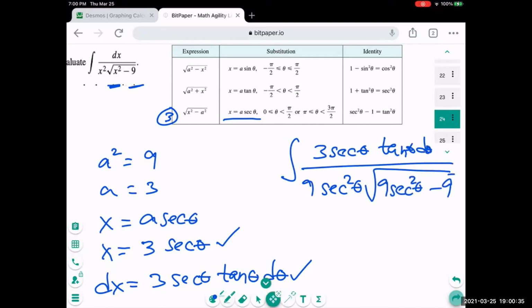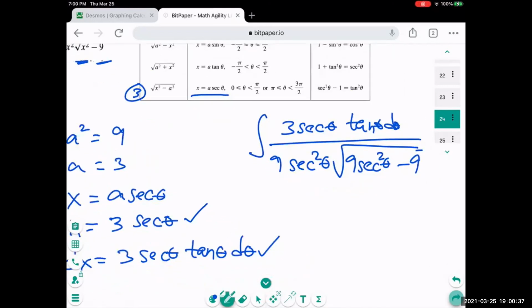Now everything is in terms of theta. So what is our next step? We transform what is inside the radical sign. Let's take out the radical sign. Our guide is the Pythagorean identity, which is secant squared theta minus 1 equals tangent squared theta.